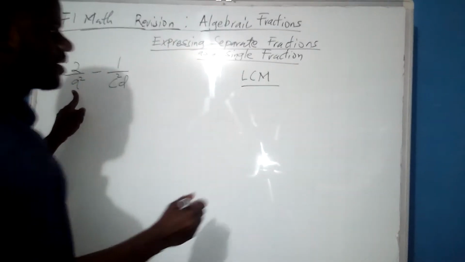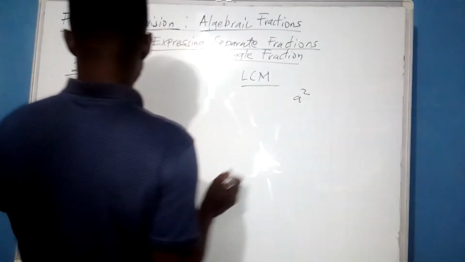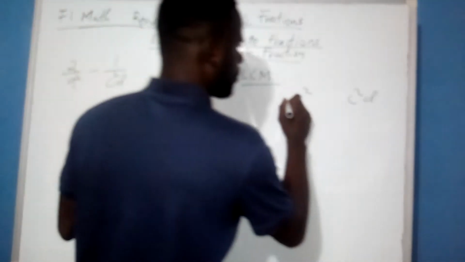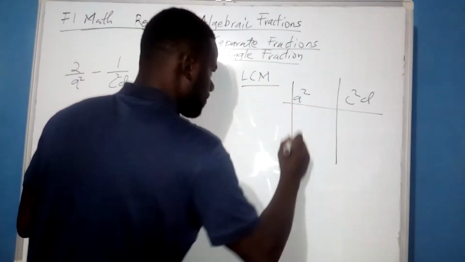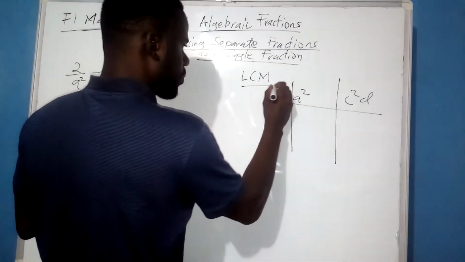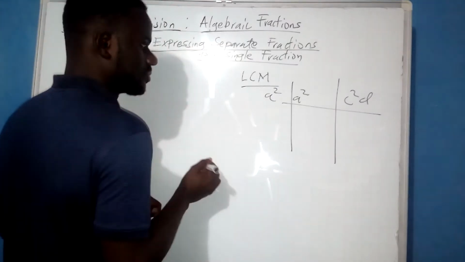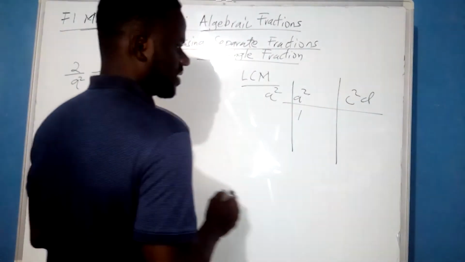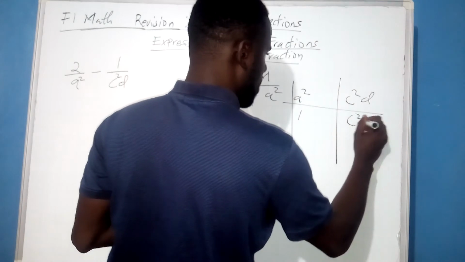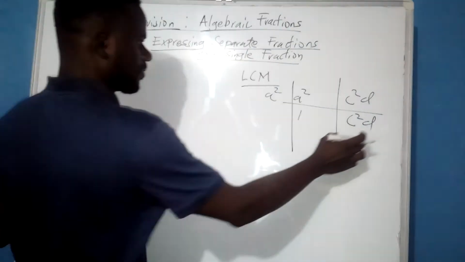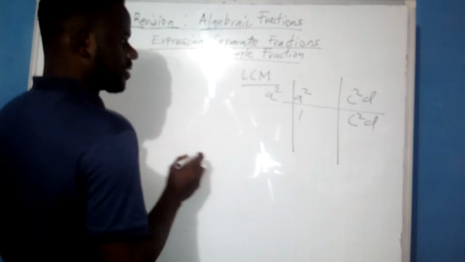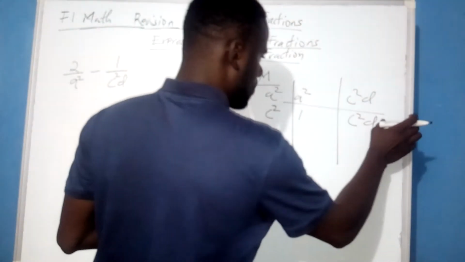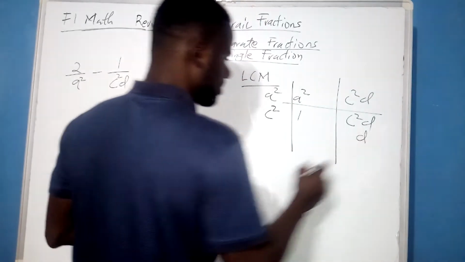And the LCM of a squared and c squared times d will be: a squared can divide a squared once. Now a squared cannot divide that, so we'll simply write here c squared times d. Then from here, c squared can divide c squared times d how many times? d times.